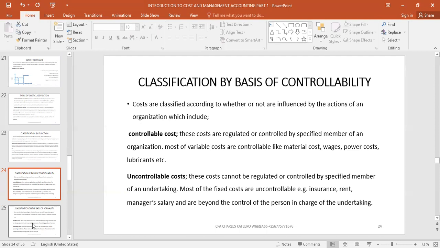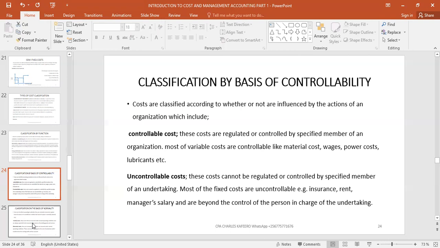If there are no wastages, it's the company that determines how much material to incur, depending on the number of units they want to produce. And other variable costs are controllable because they can always be influenced by the management or the actions of the organization.